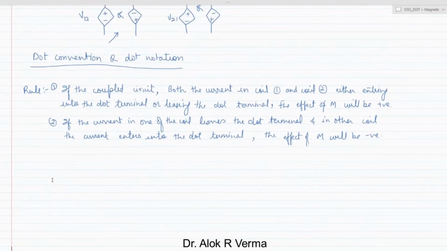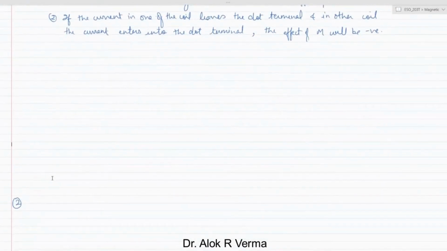So with these rules, now we'll look into the possible cases. Suppose there are two windings, winding 1 and winding 2, or coil 1 and coil 2, and this is a dot convention.